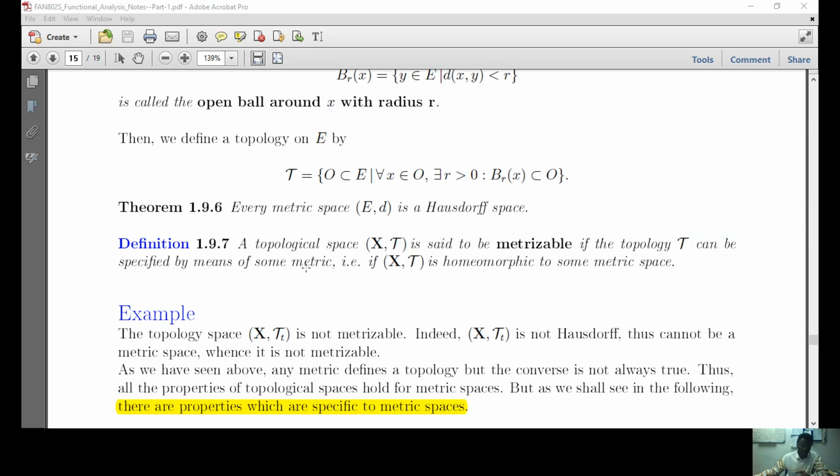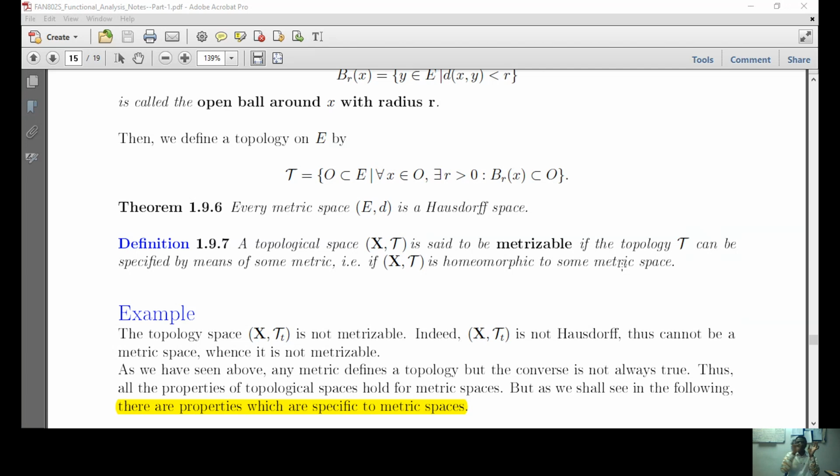That is, if the topological space is homeomorphic to some metric space, meaning that we can find a homeomorphism between (X, T) and a certain metric space (E, D), that is the pair E, the set, and D, the distance.